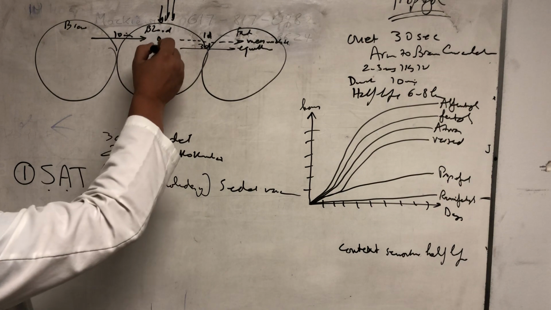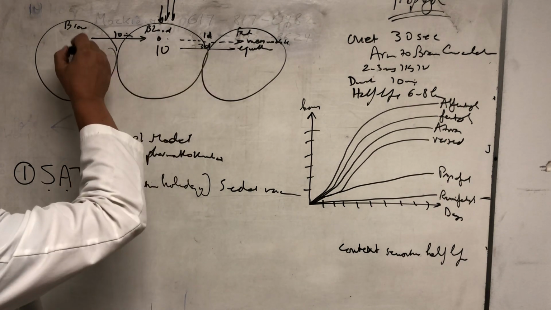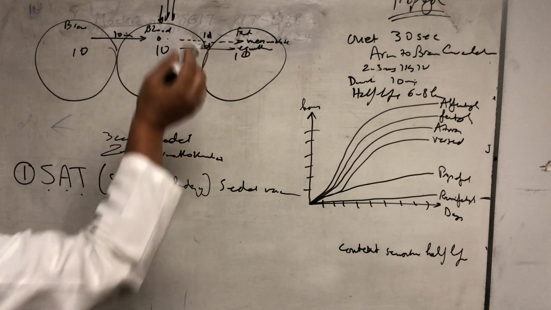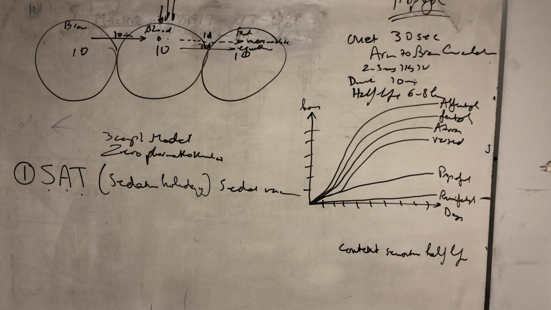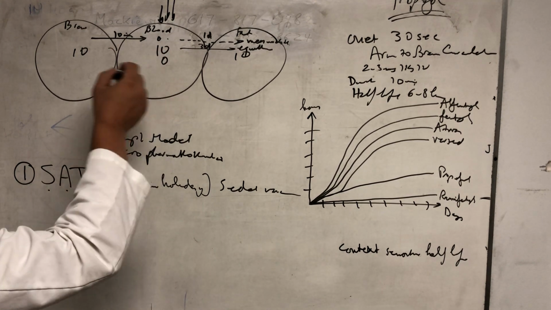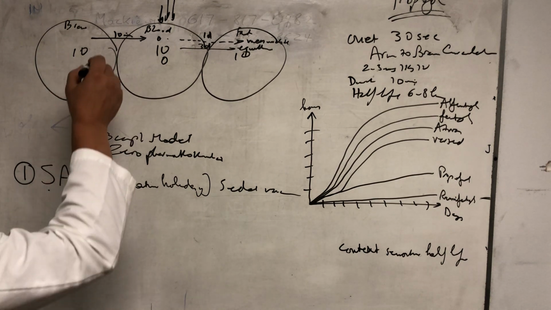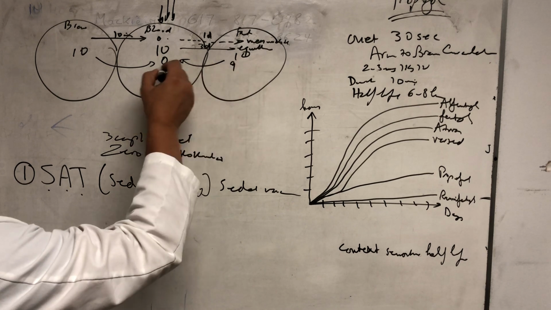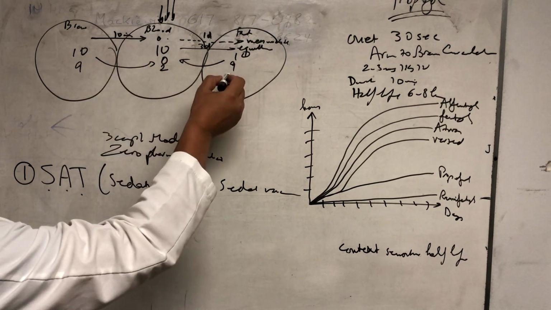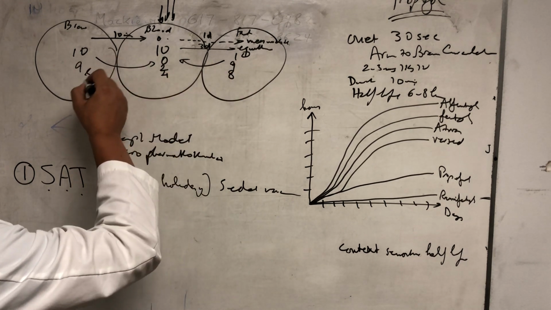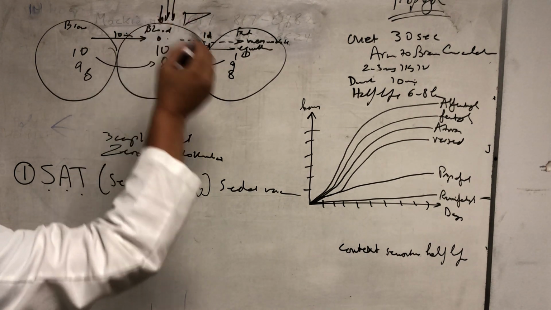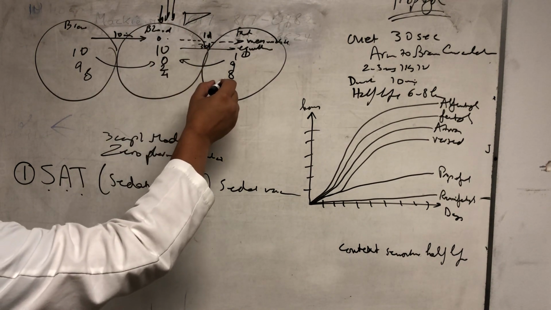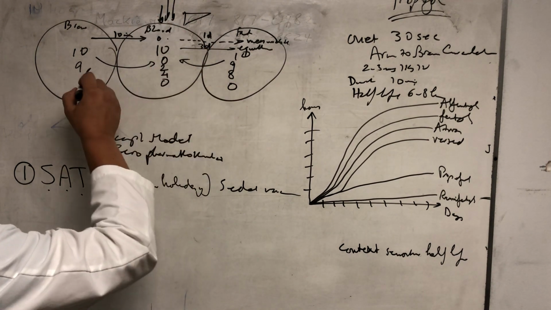So let's say a patient is equilibrated at 10 milligrams of Versed, let's say whatever the unit is, a unit of 10. Then I stop this and make it 0. Of course, the brain is not going to go to 0 immediately. It's going to seep from here, 9, then 8, and the liver is taking the Versed, so it keeps sucking, then 7, and then 0, 0, 0.